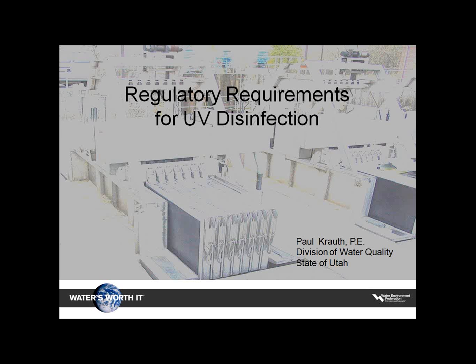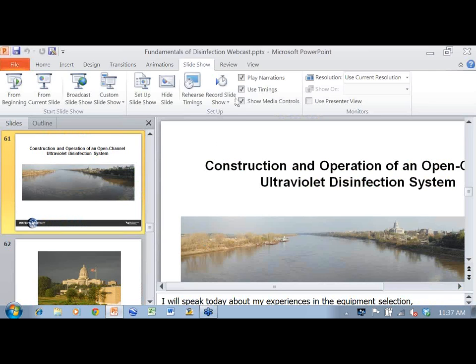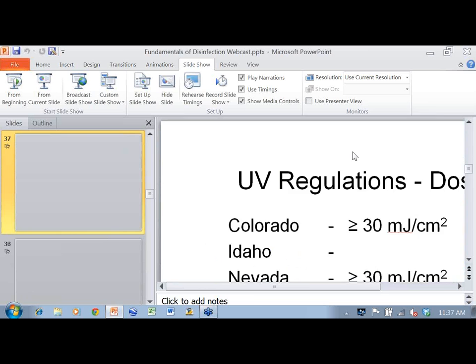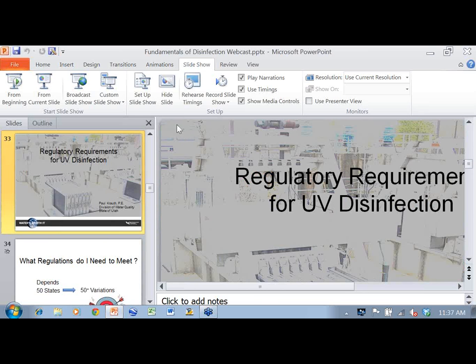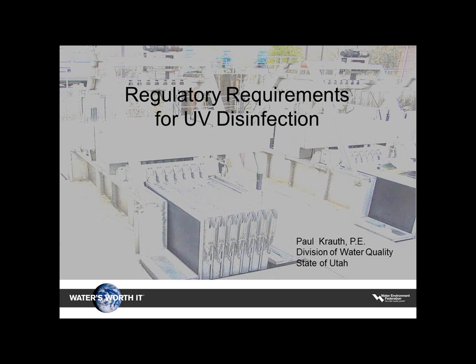That's Paul Krause, who's a licensed engineer who was born and raised in Salt Lake City, Utah. And after he earned his engineering degrees, he went to work for the Utah Division of Water Quality in 1989, where he worked with the UPDES program, writing discharge permits. During this time, he was also involved with pretreatment, sludge, and stormwater issues. And then in 1992, he began working as the outreach coordinator for the division.